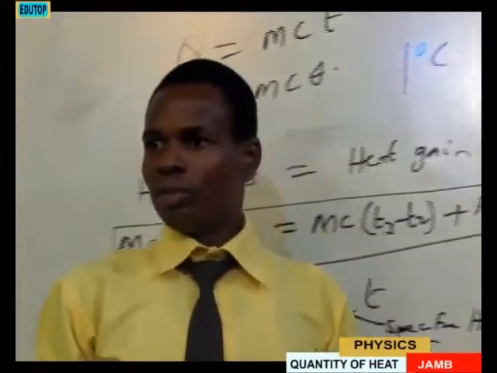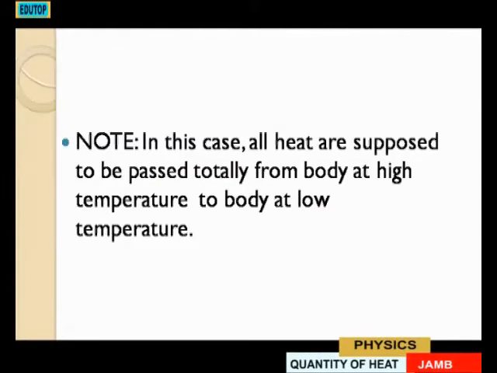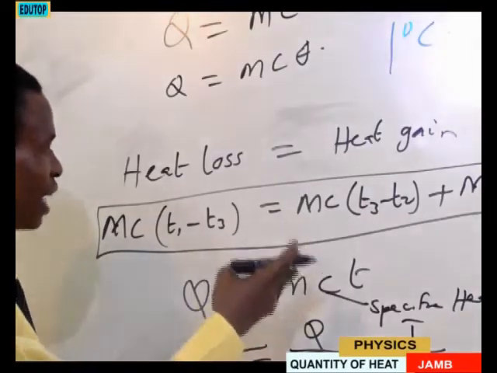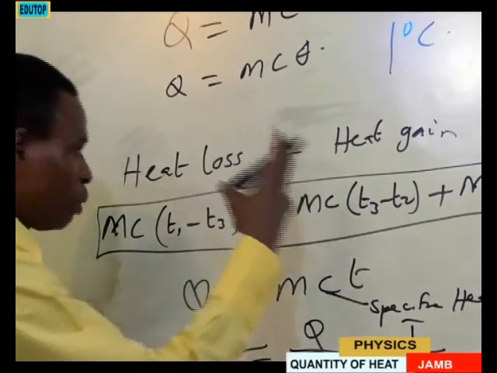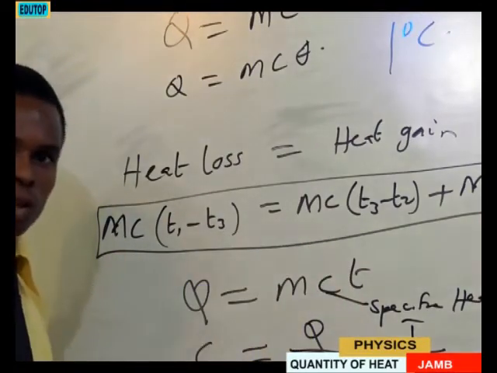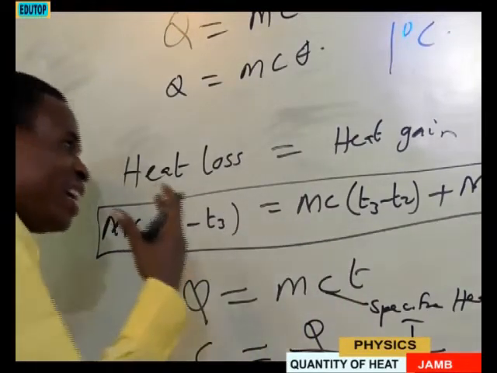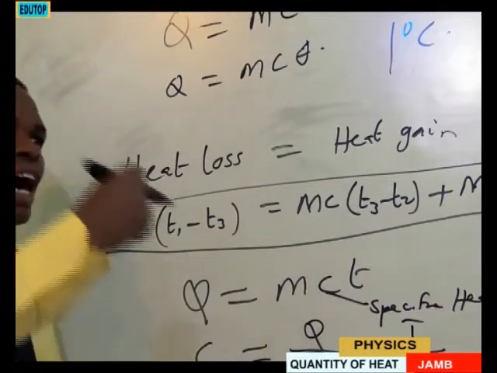Let's note this. In this case, all heat is supposed to be passed totally from a body at high temperature to a body at low temperature. Before a body can gain heat, the temperature of that body must be low. So by the time it gains heat, the temperature will be high.